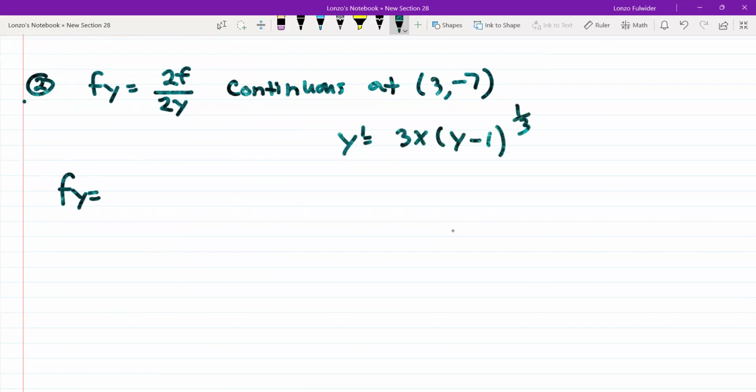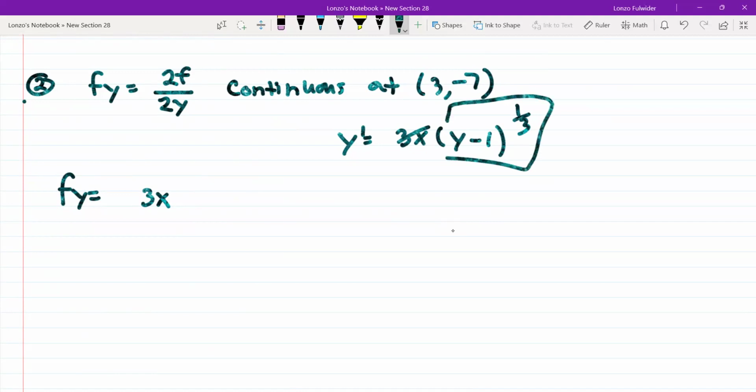We've got to take the derivative with respect to y. So this 3x does not have a y, so just bring it down, because we're not going to take the derivative of 3x since it does not have a y. So now you really just take the derivative of this.